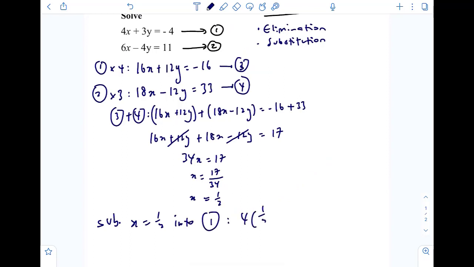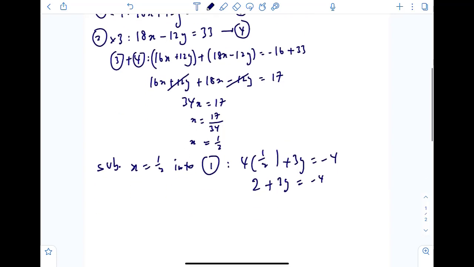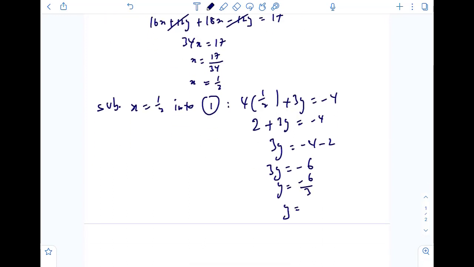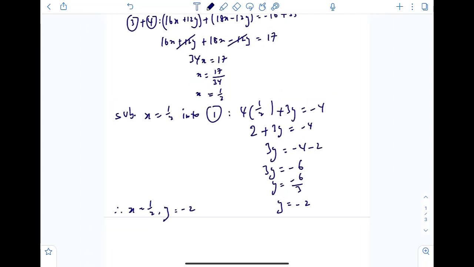So 4 times half plus 3y is equals to negative 4. 2 plus 3y is negative 4. 3y is negative 4 minus 2. 3y is negative 6. Y is negative 6 over 3. Y is negative 2. Okay, so therefore, this is a sign for therefore. X is half. Y is negative 2.